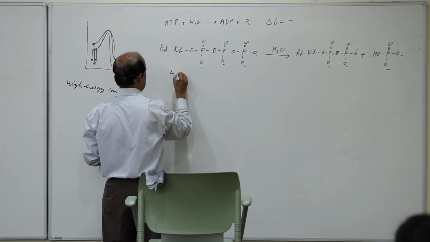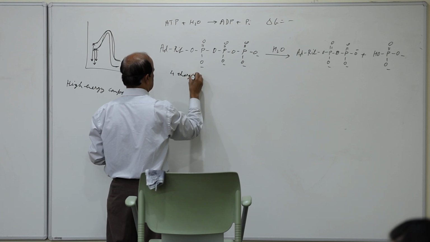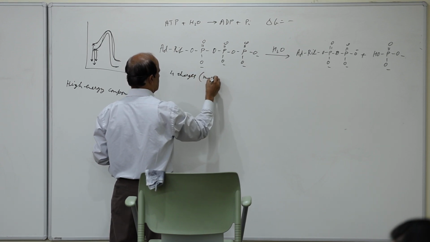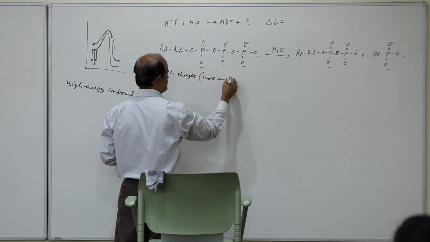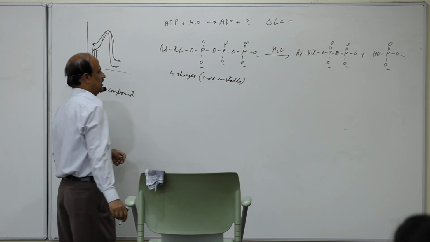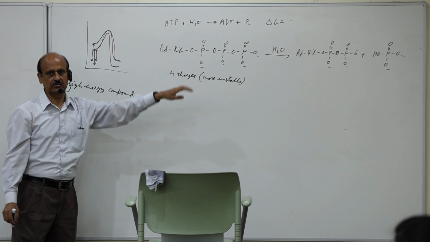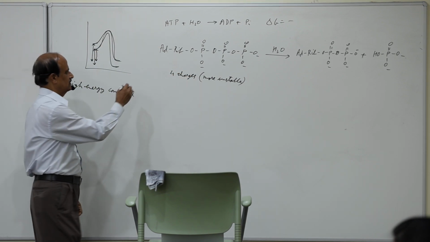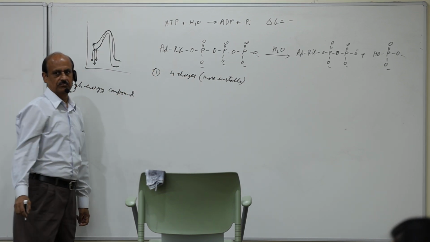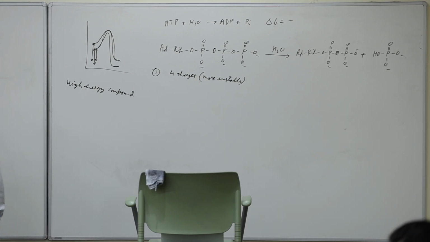So 4 charges means more unstable. So we are answering the question, what makes the reactant unstable and what makes the product stable. One factor is the number of charges. There are more charges on the molecule on the left side, and that's why the reactant energy is high.